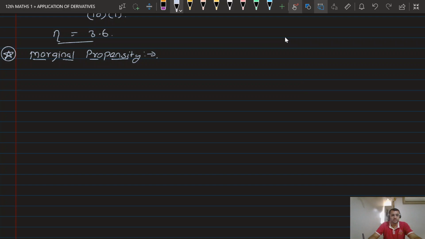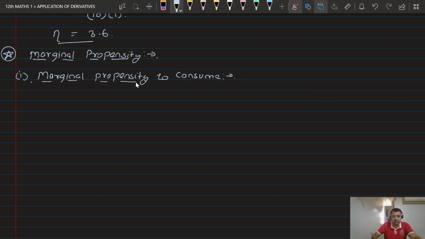So rate of change of consumption and the rate of change of saving, in general it is called as marginal propensity to consume. This is the first part.